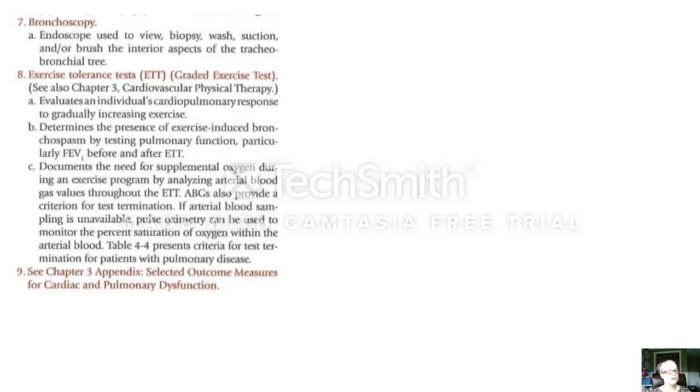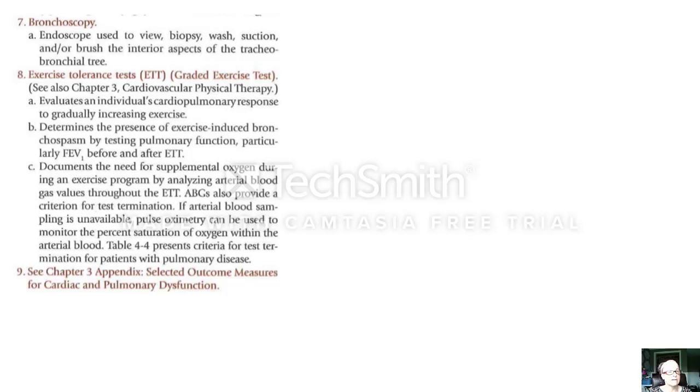Bronchoscopy, endoscope used to view, biopsy, wash, suction, and or brush the interior aspects of the tracheobronchial tree. Exercise tolerance test, ETT, graded exercise test. See also Chapter 3, Cardiovascular Physical Therapy. Evaluates an individual's cardiopulmonary response to gradually increasing exercise.